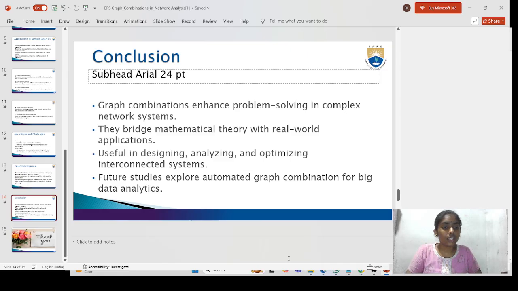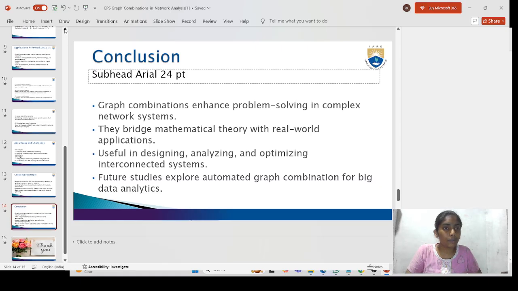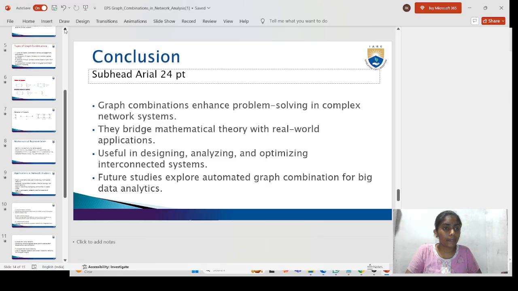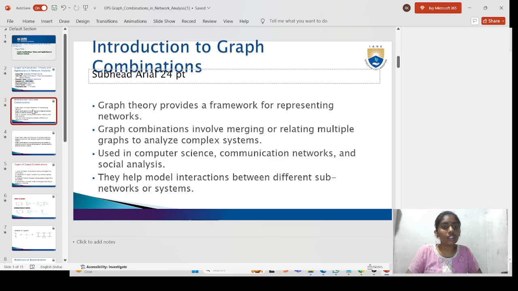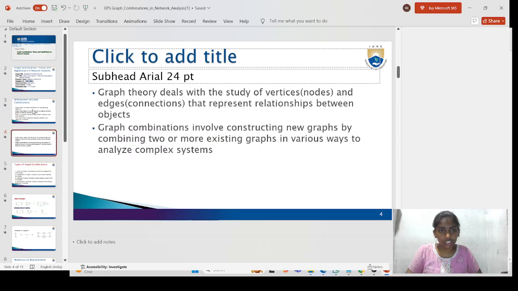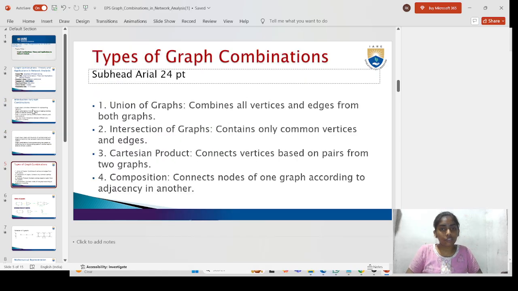So, let us revise once again what we have discussed in our PPT. From this we have learned the introduction to graph combinations and graph theory, and the types of graph combinations.